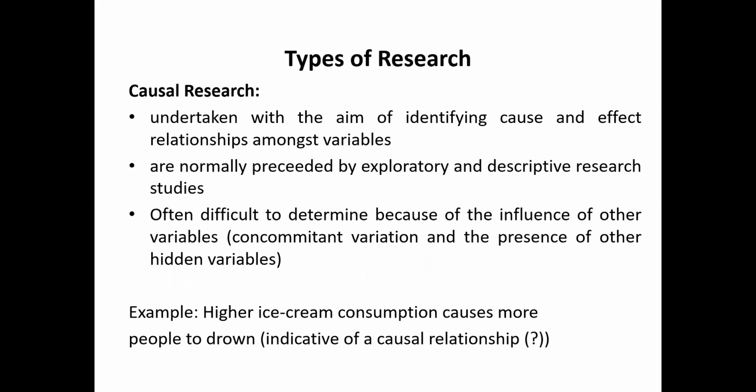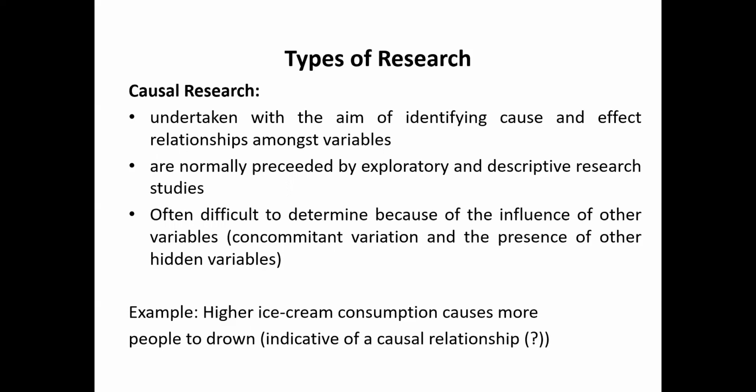Then the third type of research you also need to understand is what we call causal research. Causal means causative, what is causing this. The aim is to identify the cause and effect.